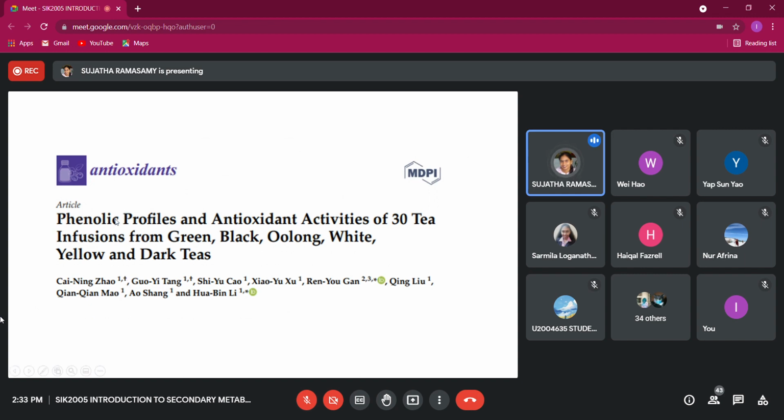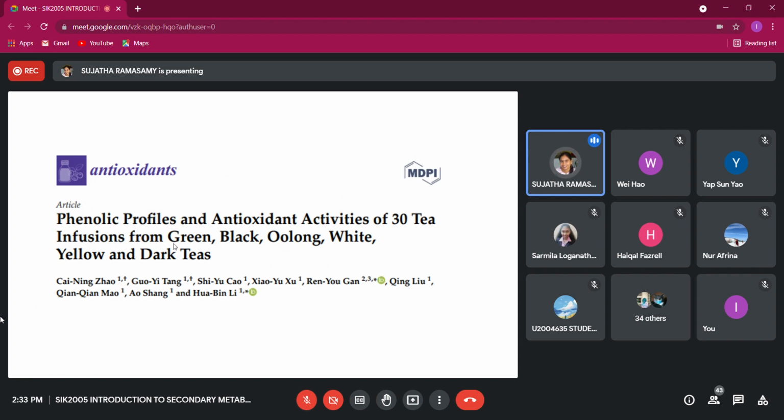This one, they look at phenolic profile. When you say phenolic profile, phenolic is a very huge group. When they say profile, they try to find different type of phenolic, and they will start to study the different structure. Okay, they look at phenolic from 30 tea infusion. They take the tea infusion, different teas, the green, black, oolong, white, yellow, and dark teas.